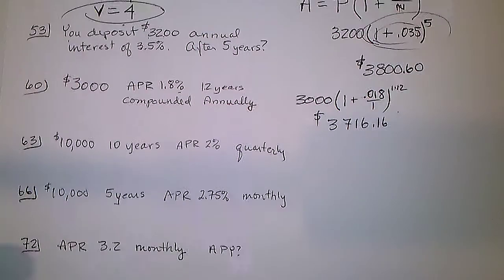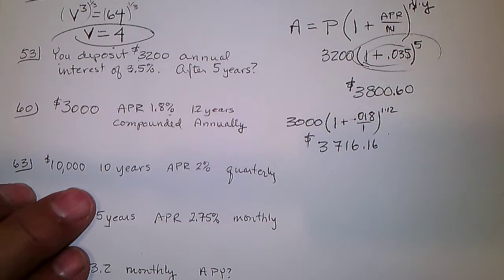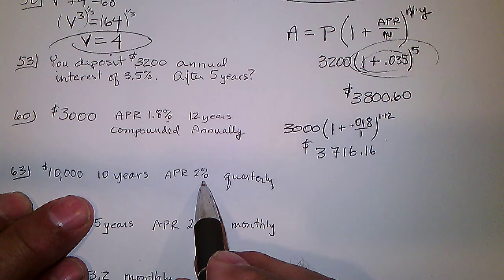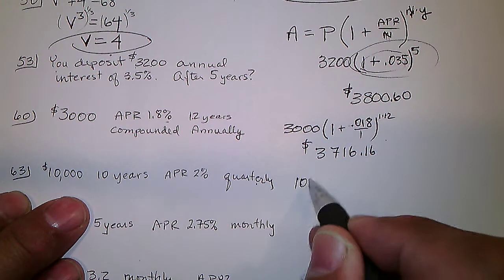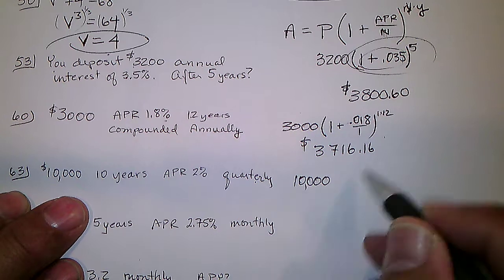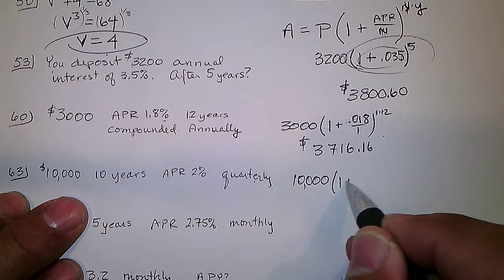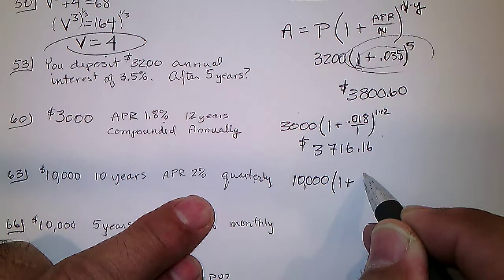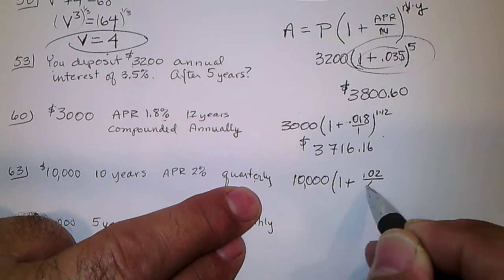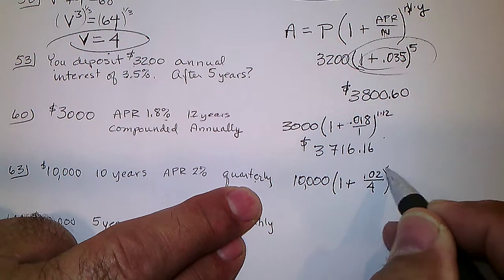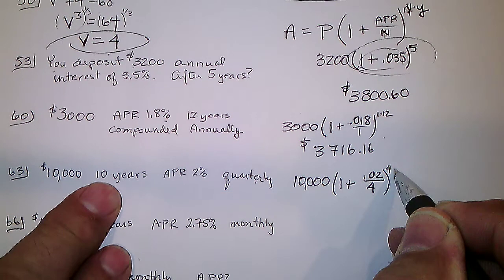Okay, now we're going to do 10,000, 10 years, 2% quarterly. So 10,000, 1 plus 0.02 divided by quarterly, 4 times a year, 4 times 10.